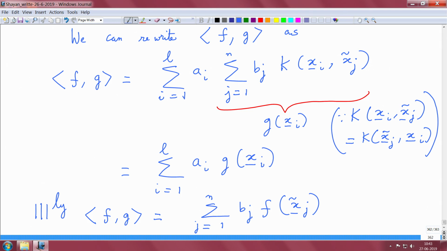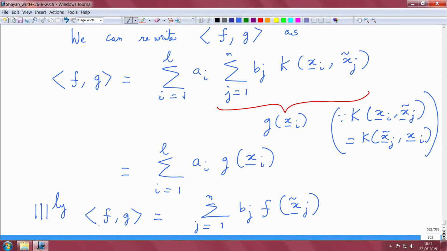So which is sort of implying that the definition of the bilinear form is independent of how the functions f and g are represented, right. I have two different forms of representation and it is invariant to how the functions f and g are represented, so it is invariant to these indices. For example, if you look at summation i equals 1 to L of ai g of xi, this is invariant to the changes in the index n, the coefficient vector b, and the n dimensional vector xj tilde.